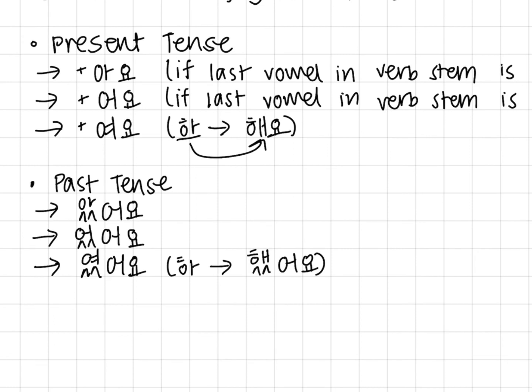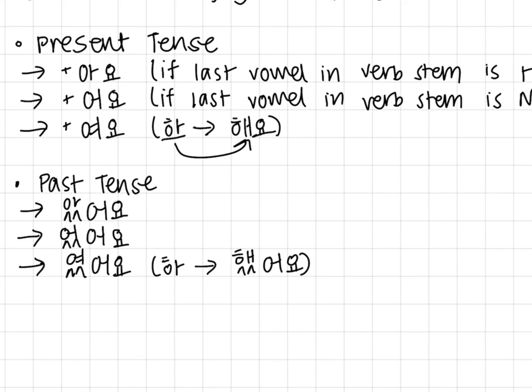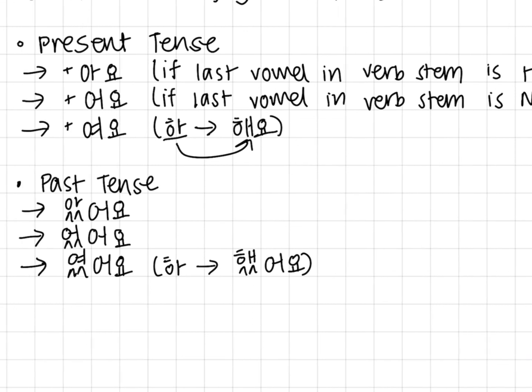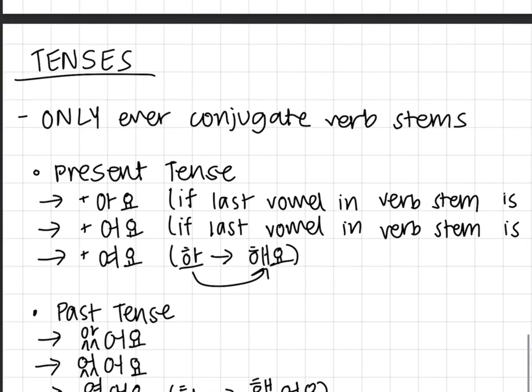For past tense, you add 았어요 if the last vowel in the verb stem is 아 or 오. Same thing, if the last vowel in the verb stem is anything other than 아 or 오, then you add 었어요. And again, for 하다, there's a special form, so 하 becomes 했어요 for past tense. Future tense is covered in level 2.